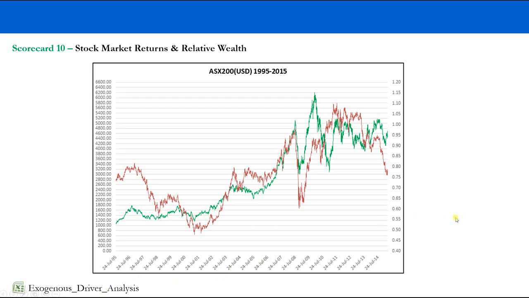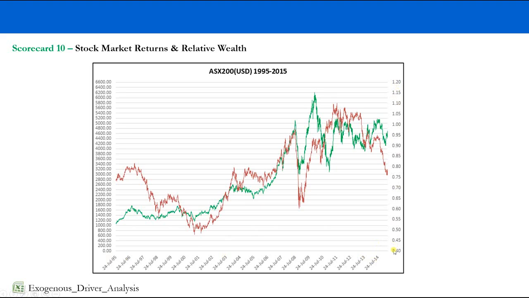But what you can see here is the value on the left-hand side of the Australian Securities Exchange top 200 stocks on this side here. And the value of the ASX is priced in US dollar terms, going back to 1995 up to present day.